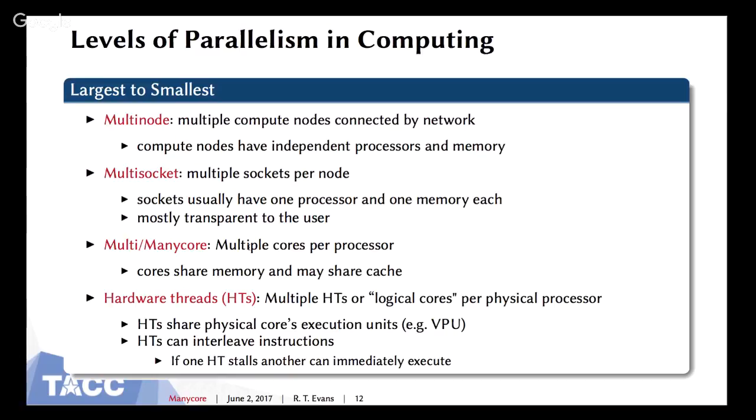The next level of parallelism, which I haven't really discussed up until now, is what we call hardware threads or hyperthreading. Intel calls it hyperthreading on your laptop. They'll call it hardware threads on the KNL. I'm not sure what the major difference is other than on the KNL you can have 4 hardware threads, but on your laptop you can have 2 hyperthreads. What this means is you can run 4 processes at the same time on one physical core, sort of.